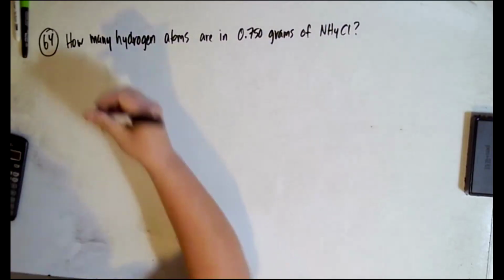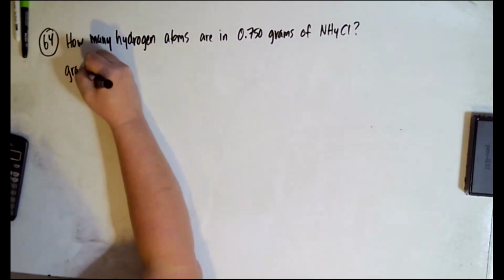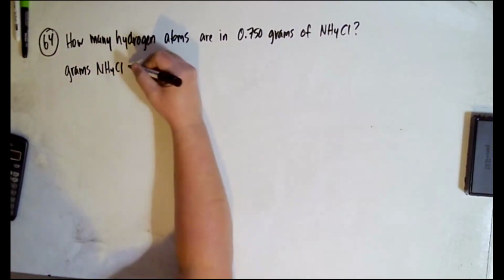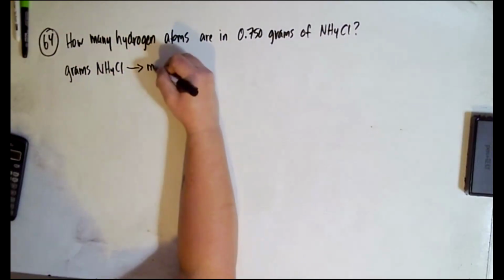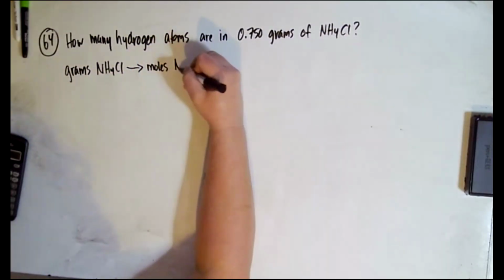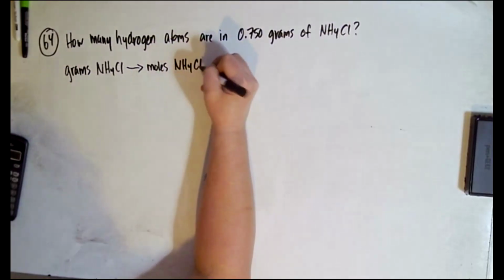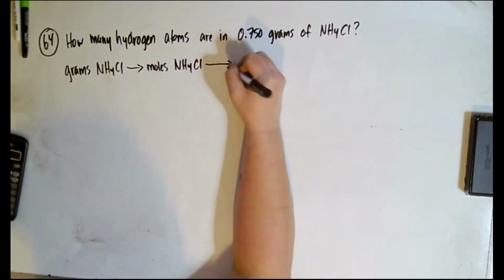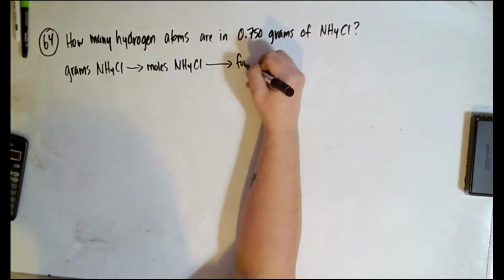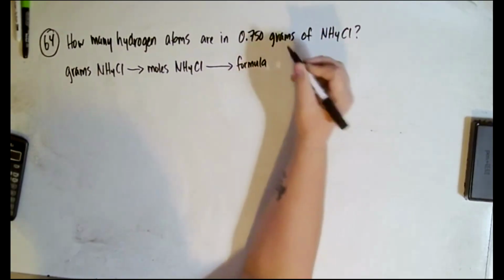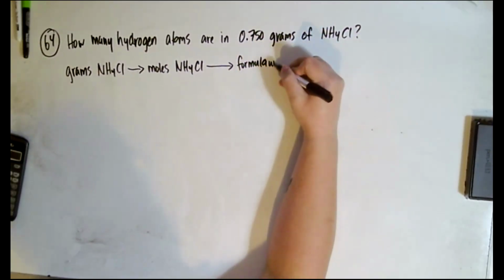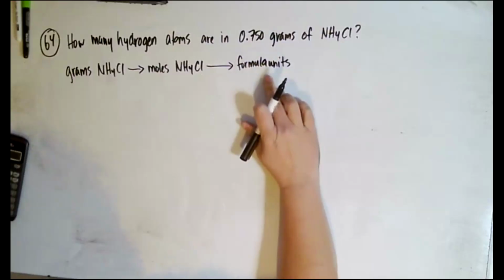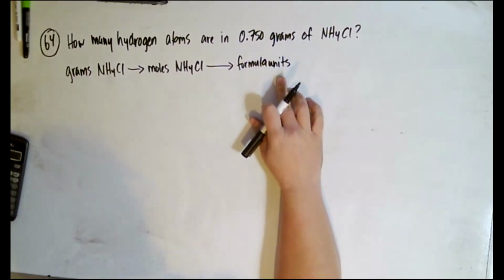We have grams of NH4Cl, which we will be able to turn into moles of NH4Cl using our molar mass. From our moles of NH4Cl, we're going to be able to turn that into formula units because this is an ionic compound. Remember, formula units work like molecules.